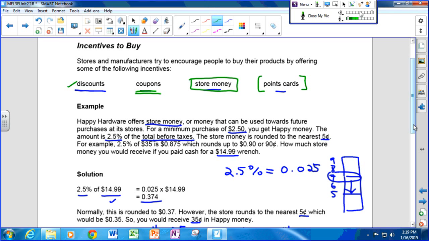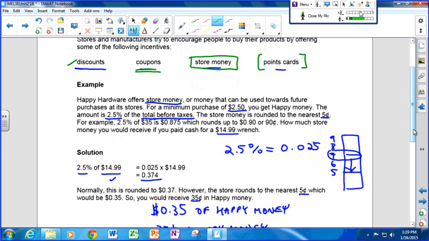You go, no, I want to buy this shampoo, this hair conditioner, this hair color at a store that gives me points, right? So you'll walk past one that doesn't give you points to go into the one that does. Those are all the different ways that manufacturers and stores try to incentivize you to buy.